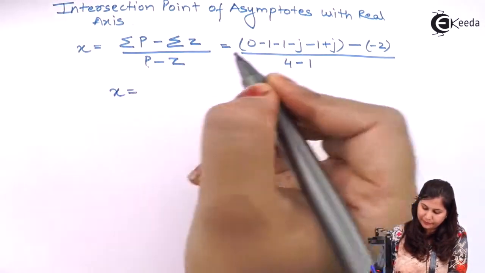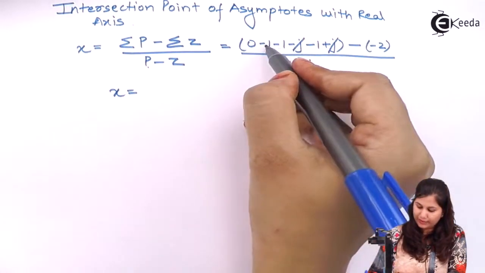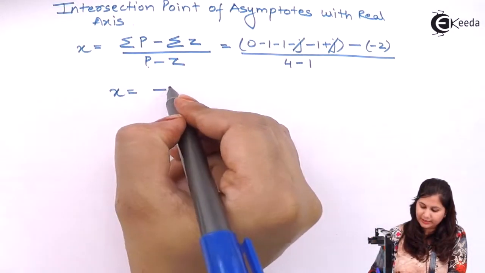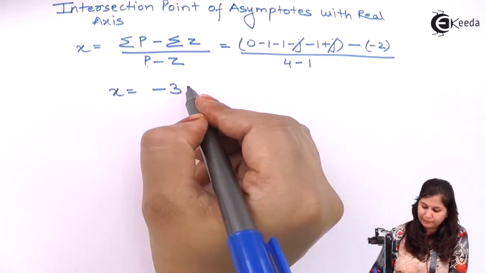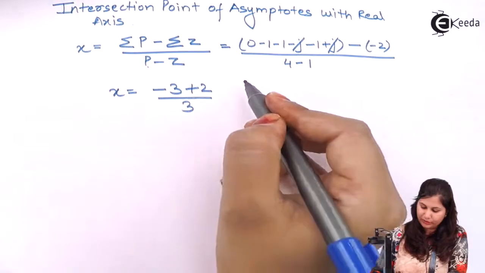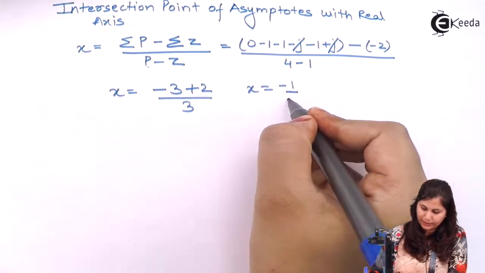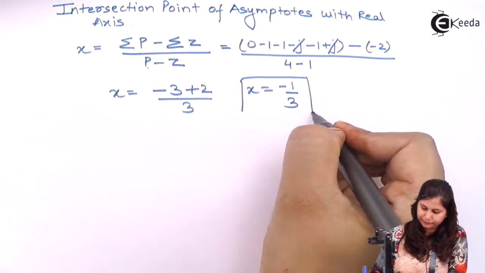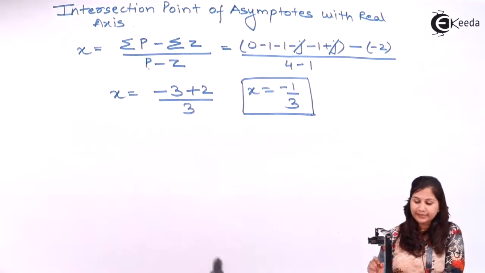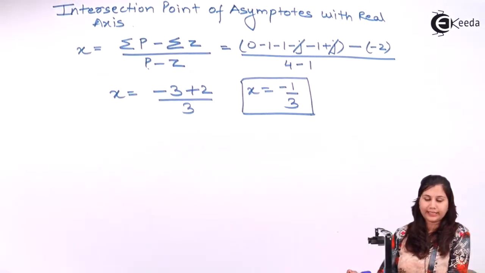So x will be, minus j plus j, they will be cancelled out. So minus 1 minus 1 minus 1, that is minus 3, plus 2 upon 4 minus 1, that is 3. So x is equals to minus 1 by 3. This is the intersection point of the asymptotes with the real axis.